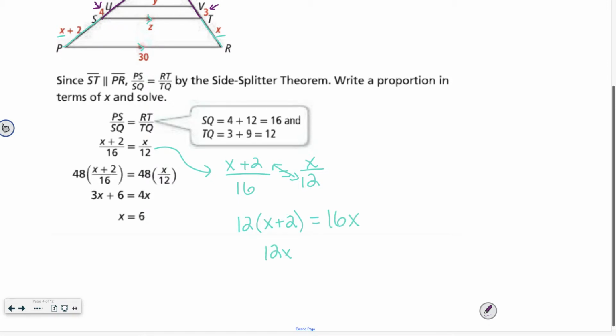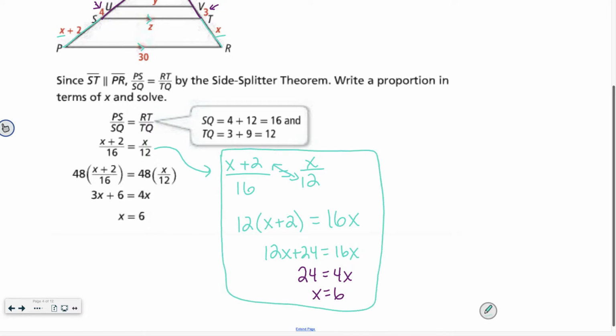So 12x plus 24 equals 16x. Then if you subtract 12x from both sides, you have 24 equals 4x, or x equals 6. So that's 2 different ways that you can solve this problem. I think you guys will probably prefer this method, but I could be wrong. You're welcome to solve either way.